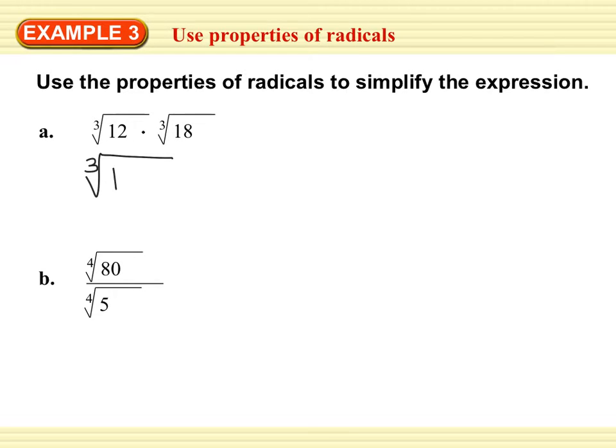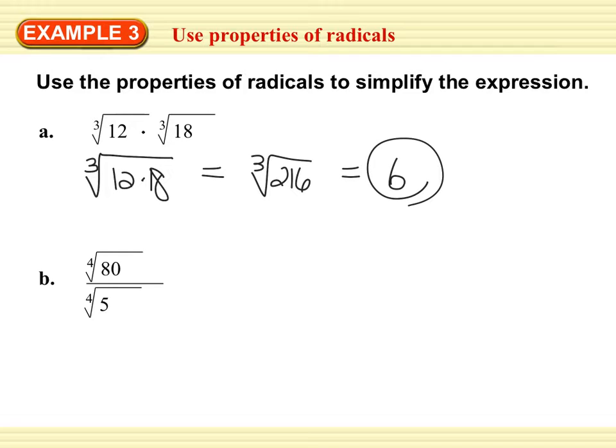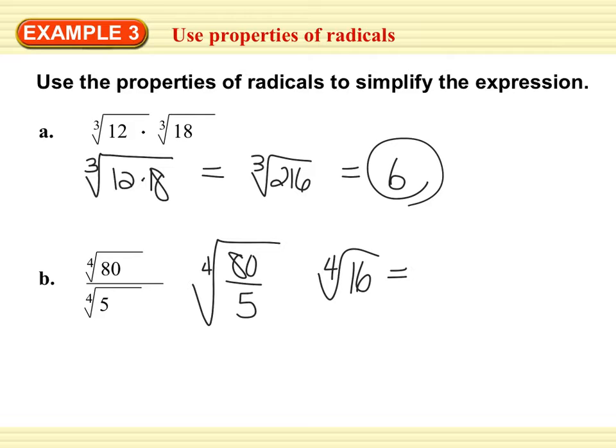So I've got the third root of 12 times 18, which is the same as the third root of 216. And in lesson 3.1, I learned that 6 times 6 times 6 is 216. Here I've got the same root, so I'm going to go ahead and put the radical over the whole fraction because 80 divided by 5, I believe, is 16. Yep. So that'll give me the fourth root of 16, and I do know that 2 times 2 times 2 times 2, 4 times, is actually equal to 16.